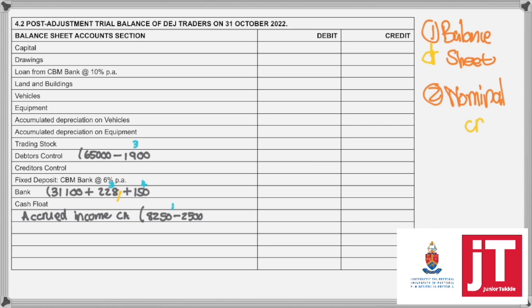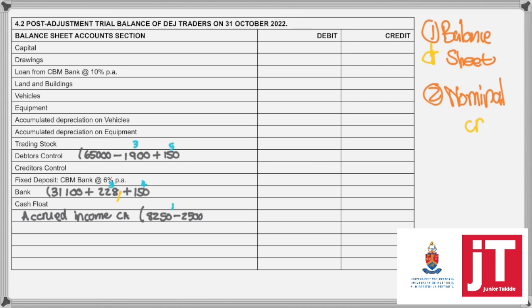Adjustment number 5 is interest on overdue debtor. So in the debtors control, we have to add 150 Rand for the debtor that we charge interest, and that's the debit. So the credit will be in the nominal section, interest on overdue debtor. And I'll show you all of this step by step in the nominal section as well.